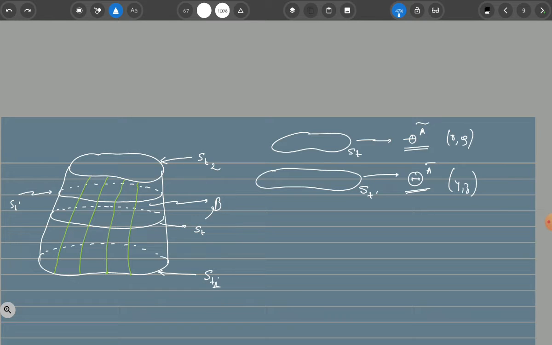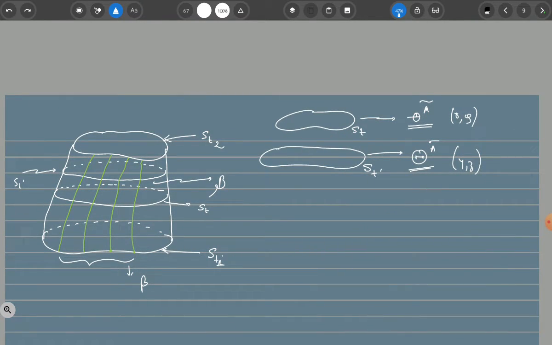And the way is via these congruences. Let these congruences be denoted by some beta, because we have already used gamma for the congruences that cut through the surfaces sigma t, but now we are talking about ST. So let us talk about this particular curve, and this is given by P1, this is P, this is P prime, and this is P2.